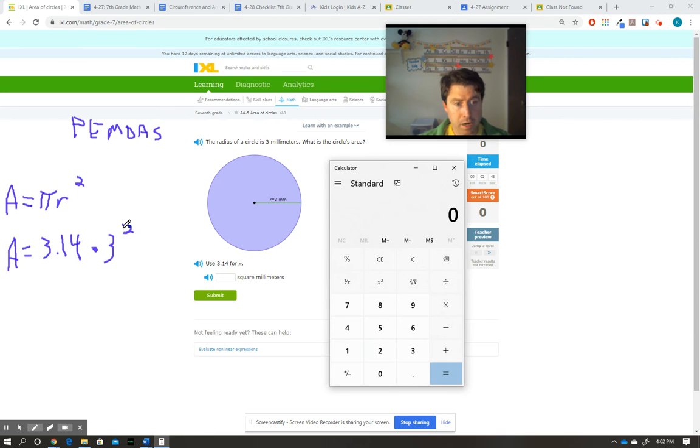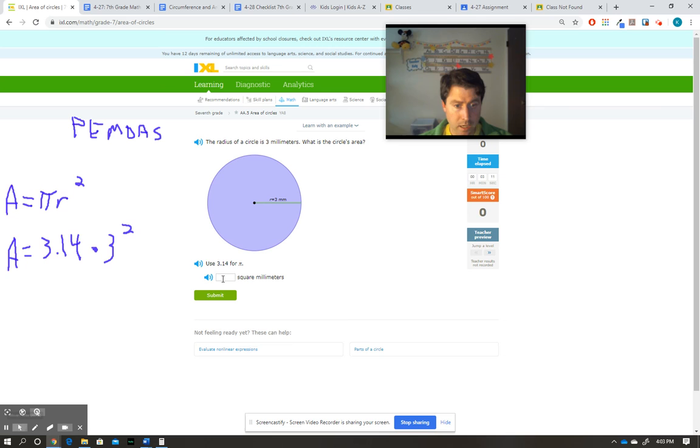Now, 3 squared, remember, you can either do it with the calculator where you hit 3 and then hit this button, that squares it, or you can just remember that 3 squared means 3 times 3. Okay, it's a number times itself. So that's going to be 9, and then we're going to multiply that by 3.14. And then there's my answer, 28 and 26/100.